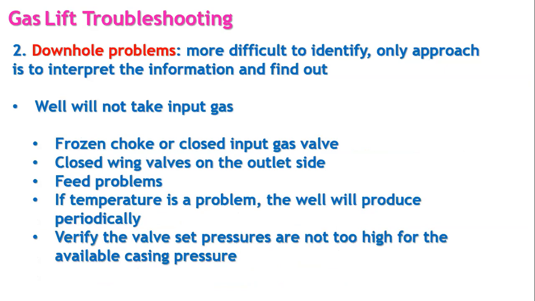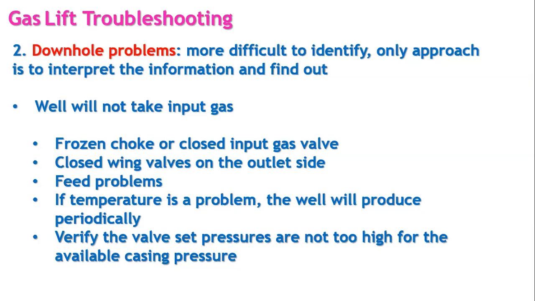Another issue is the well is not taking input gas, due to maybe the choke is frozen or the input gas valve is closed, with valves on the outlet side. Maybe somebody was doing some maintenance and closed the wing valve and left the wing valve in that condition.